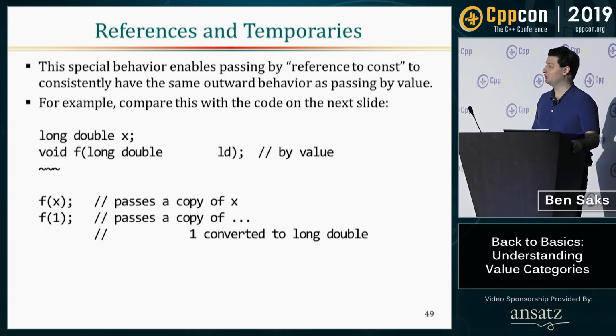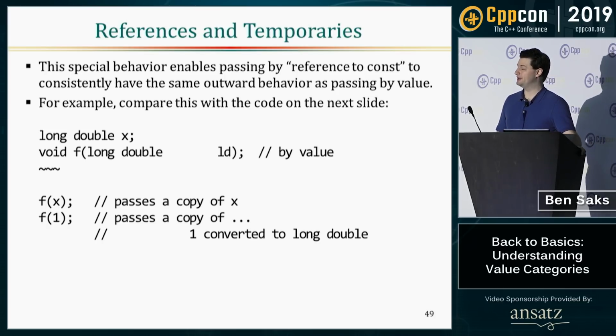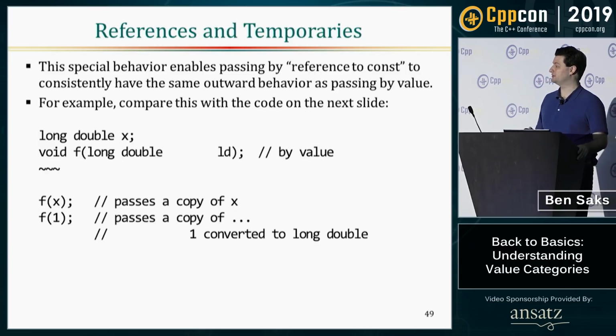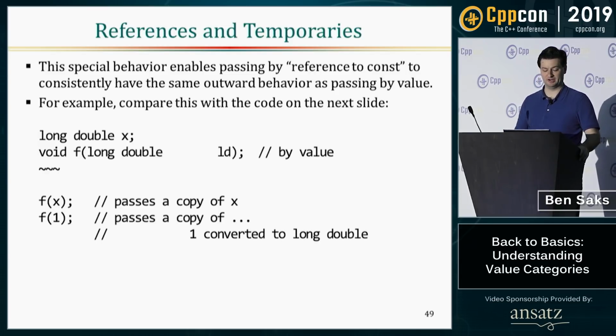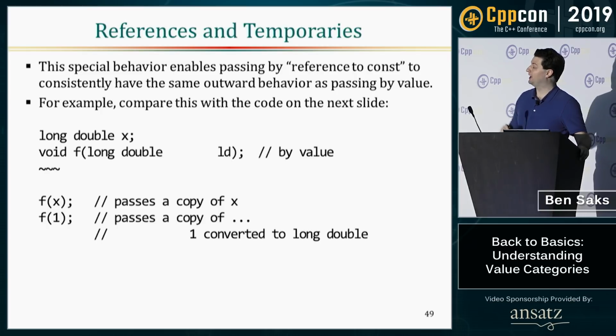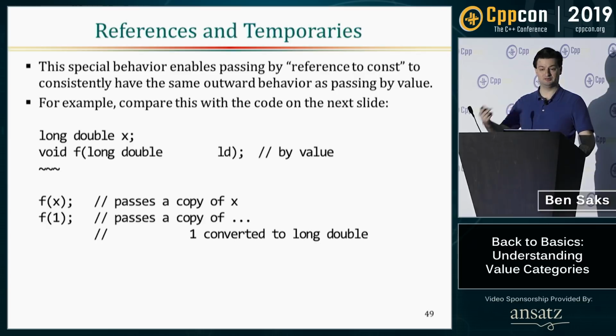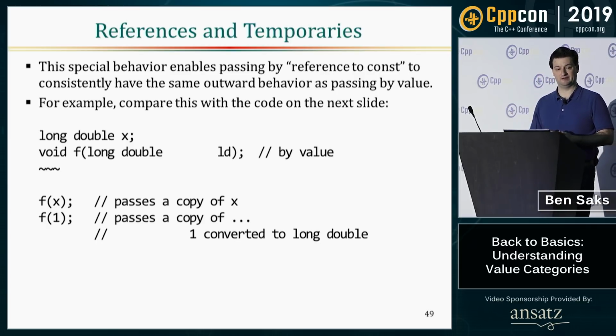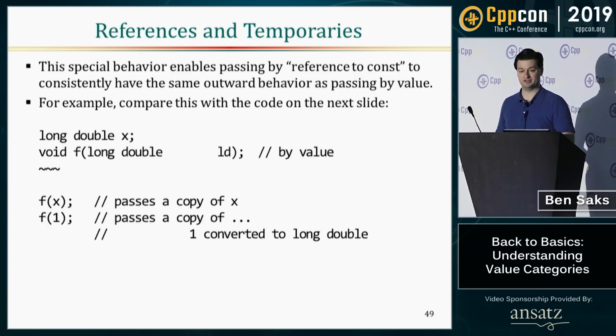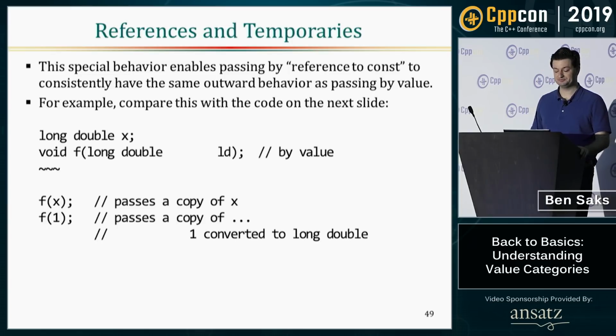On the other hand, I can also pass in values that aren't long doubles, like this integer 1 here. The literal 1 is of type int. When the compiler generates the code for that, it will convert the 1 into a long double and pass that converted value as the argument to the function.